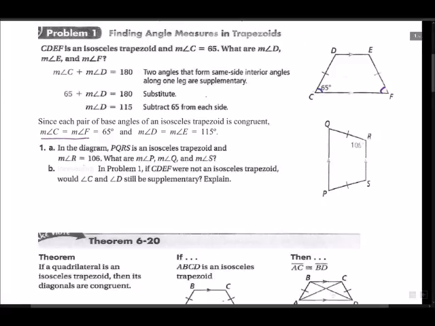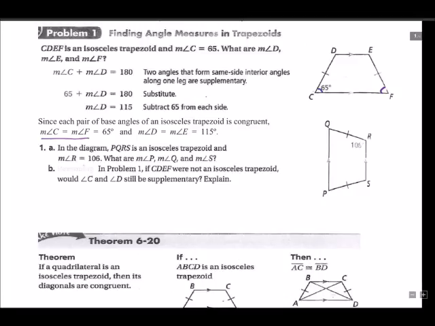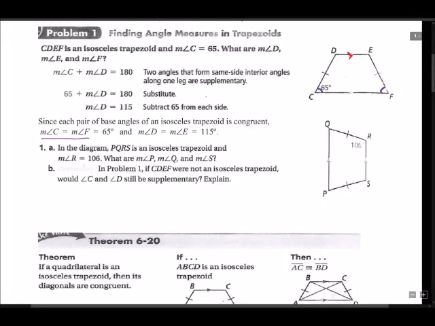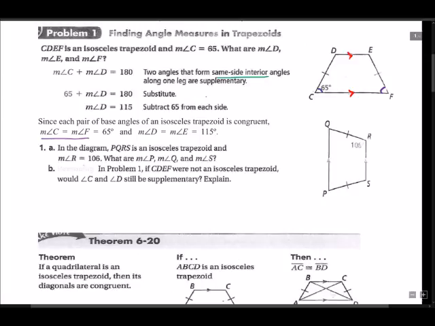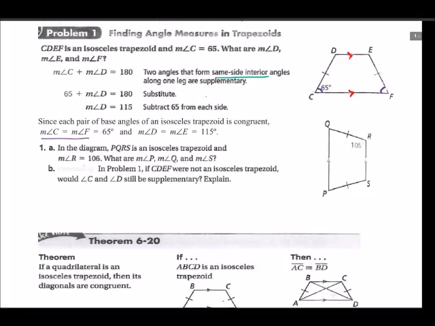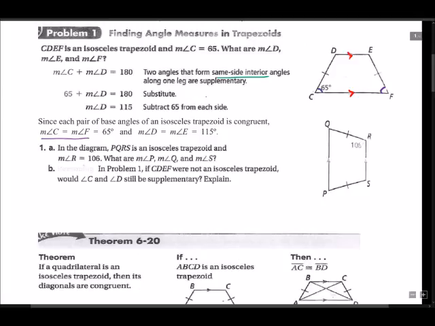All right, let's find the measure of angle D. How are we going to do that? Well, we have parallel lines cut by a transversal, we have same side interior angles. So C and D are going to be supplementary. So we can find the measure of angle D is 180 minus 65, which is 115 degrees.